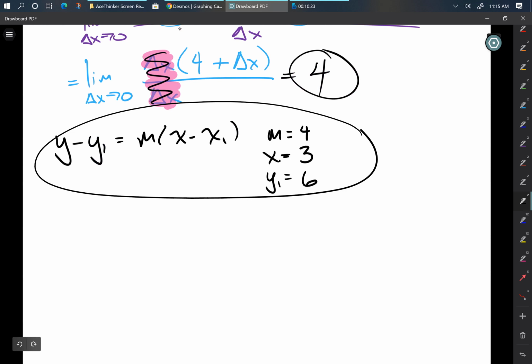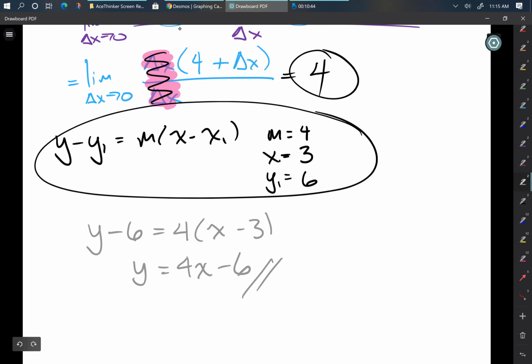So putting this all together, I then get y minus 6 is equal to 4 times x minus 3, or y equals 4x minus 12 plus 6. And there's the equation of my tangent line to my curve at the point when x is equal to 3. Okay?